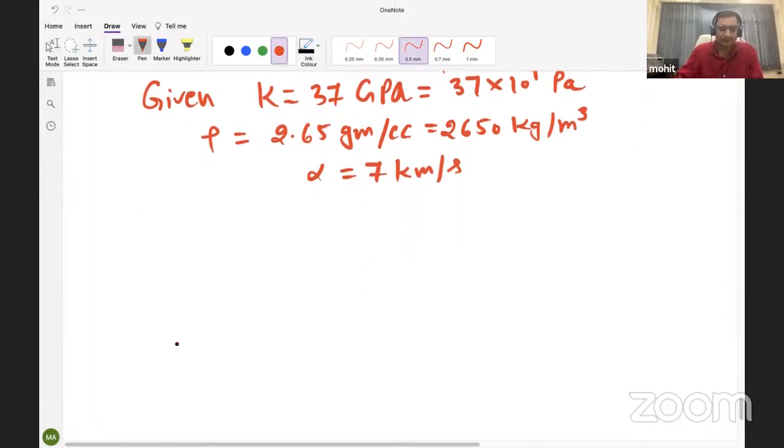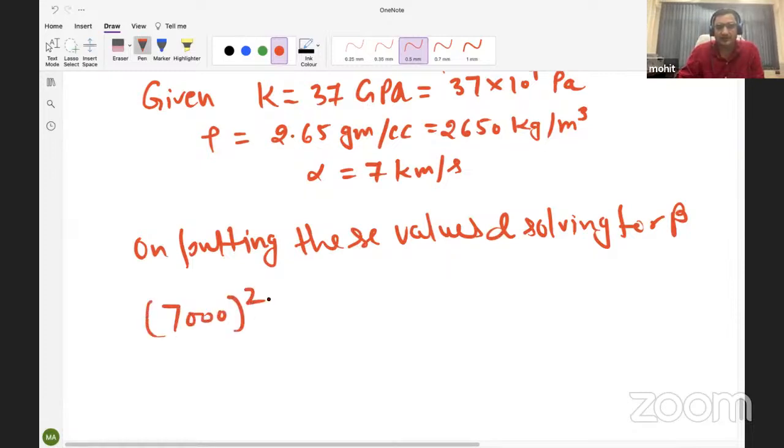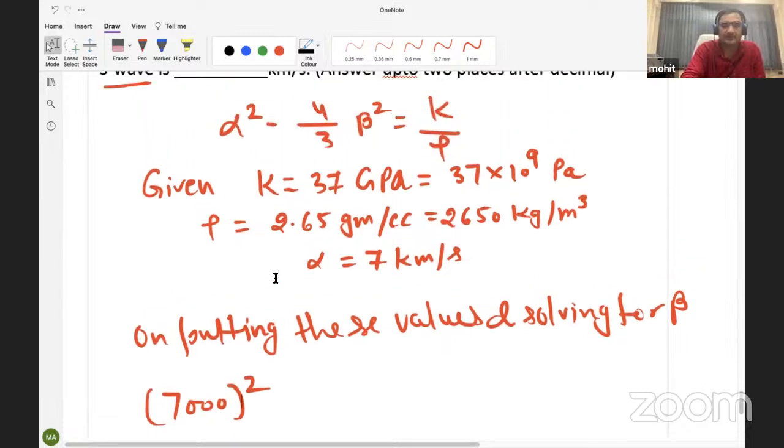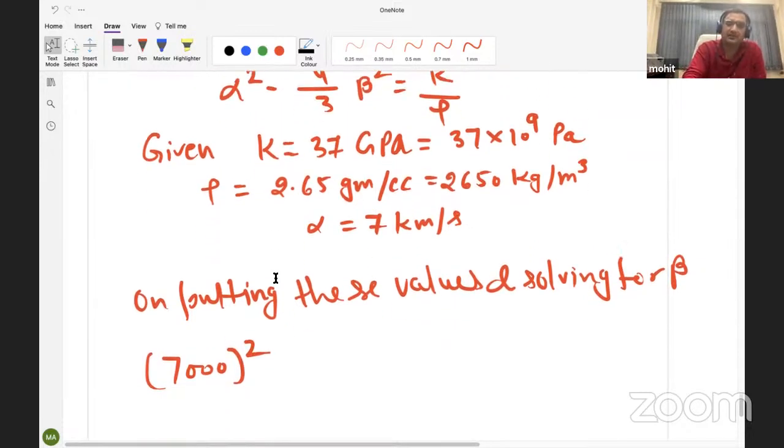So on putting these values and solving for beta, what will we get? 7,000 square, because our formula that we just saw, alpha square minus 4 by 3 beta square is equal to k by rho.